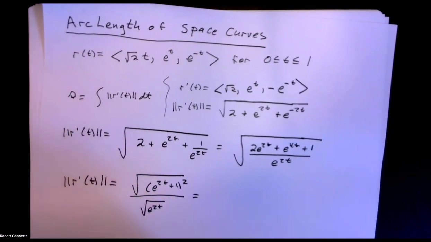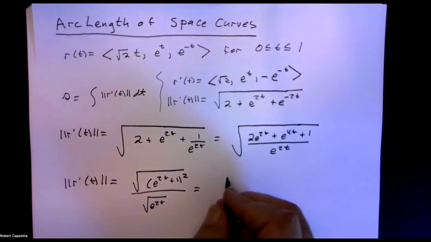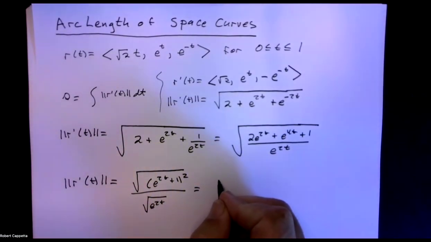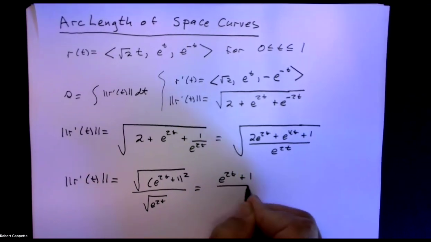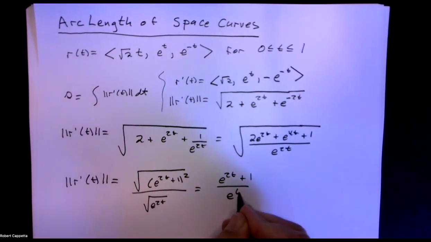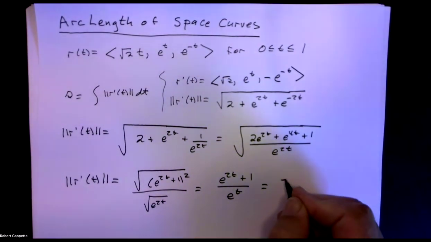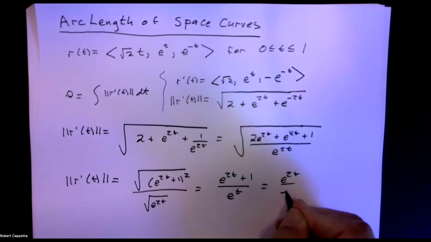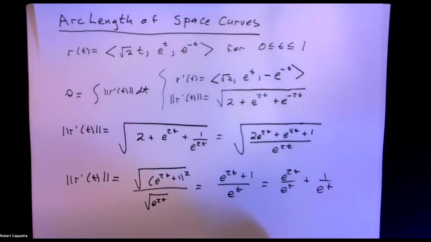Normally speaking, the square root of something squared is its absolute value, but here e^(2t) plus 1 is always positive, so that will just simply be e^(2t) plus 1. And the square root of e^(2t) is just e^t. So now what do I get? I get (e^(2t) plus 1) over e^t. And all of this is giving us the speed.